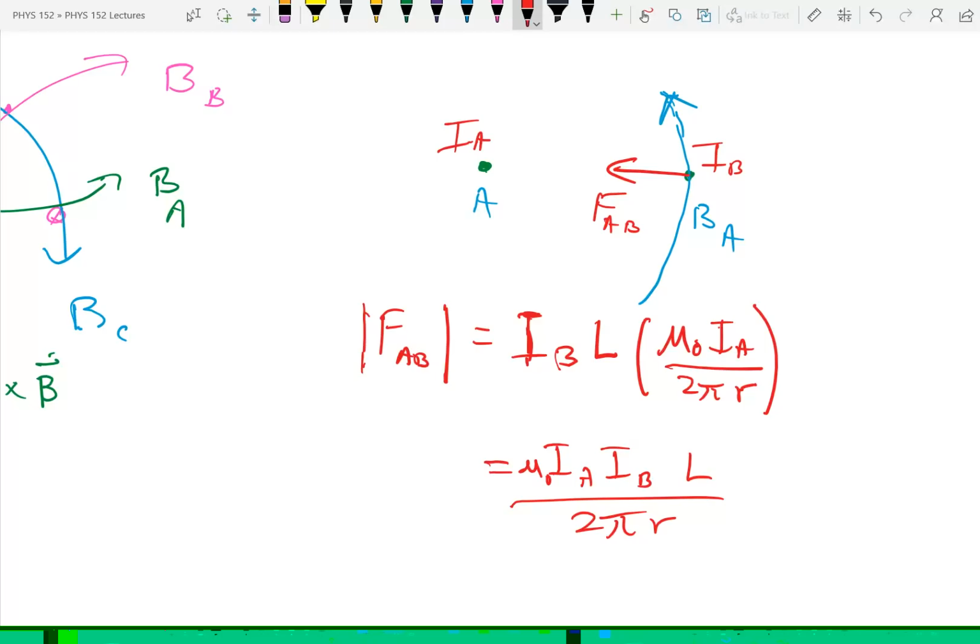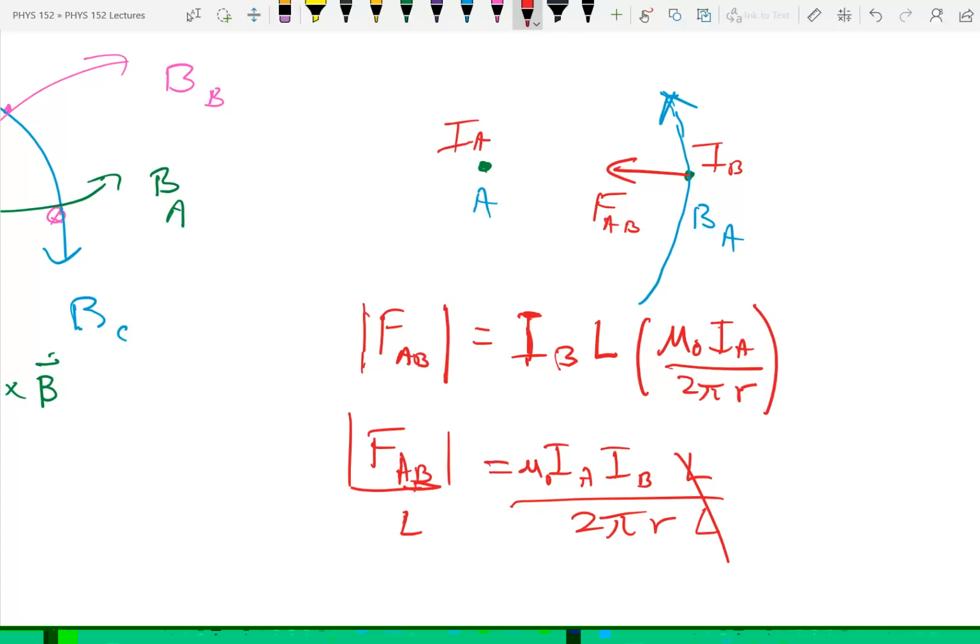Well, our equation is truly only valid for an infinite length wire, which means our force would have to be infinite. So what we do is divide both sides by L. And we say the magnitude of the force per unit length is equal to mu naught current 1 current 2 over 2 pi separation.